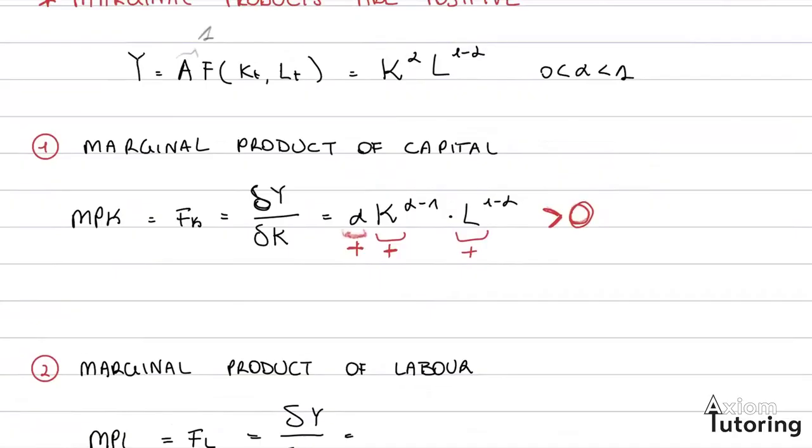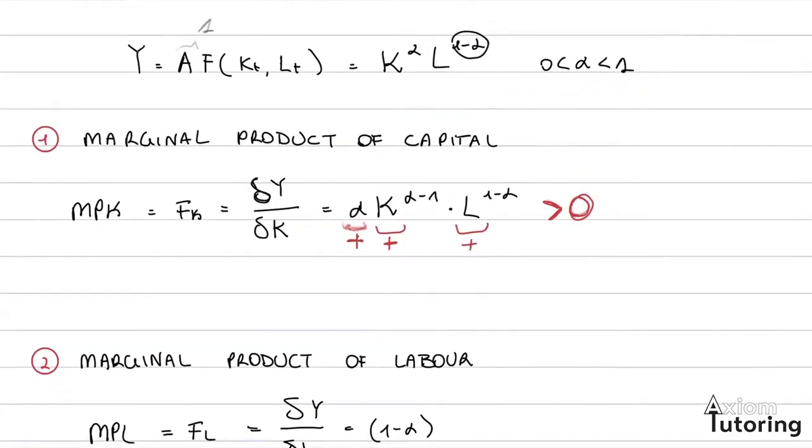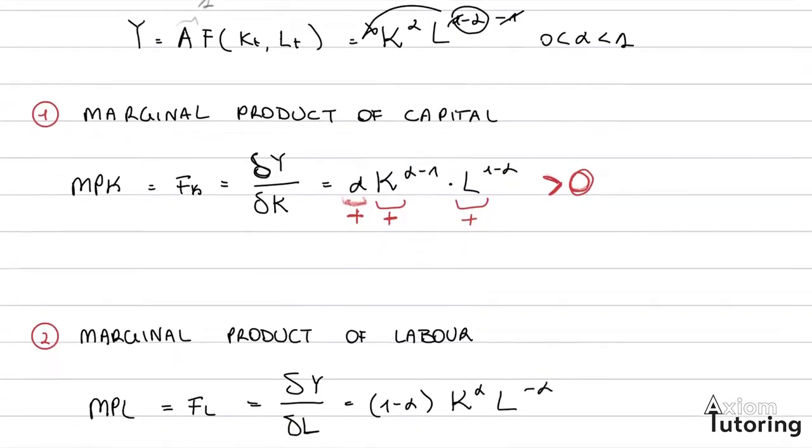So we're going to follow the chain rule again, and we're going to write down 1 minus alpha, so we're taking down the exponent here, subtracting 1 from the exponent. So we're going to have K to the power of alpha that stays as a constant, and then L to the power of minus alpha as the two ones cancel out.